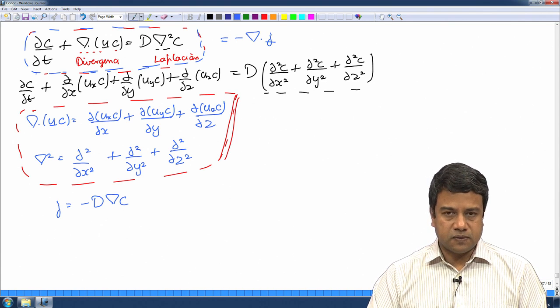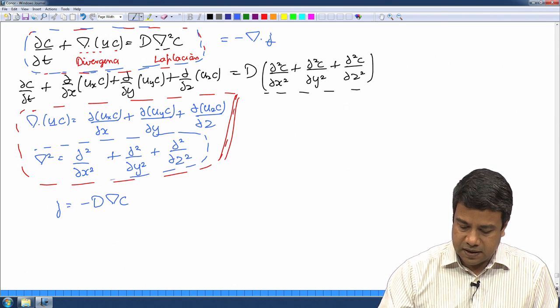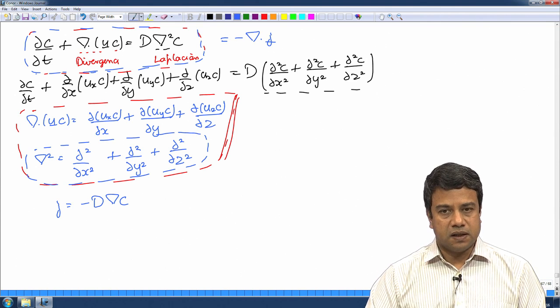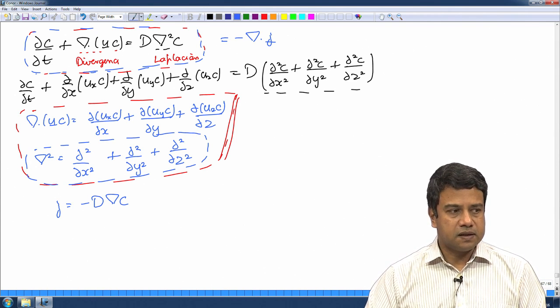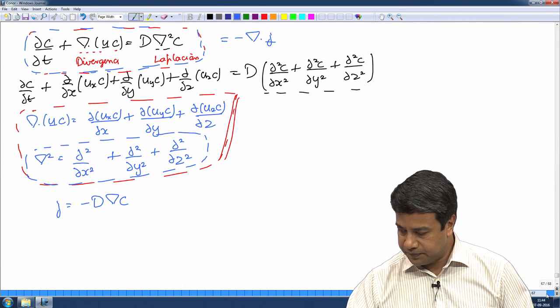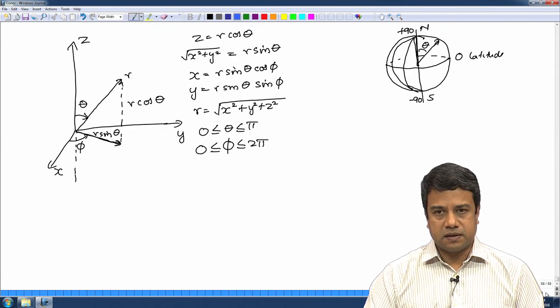This is for a Cartesian coordinate system where the Laplacian is just the second derivative in the 3 directions added up. In general, that is not the case, and to illustrate that, I had taken for you the example of a spherical coordinate system. I had just defined the coordinates for you in the previous lecture.